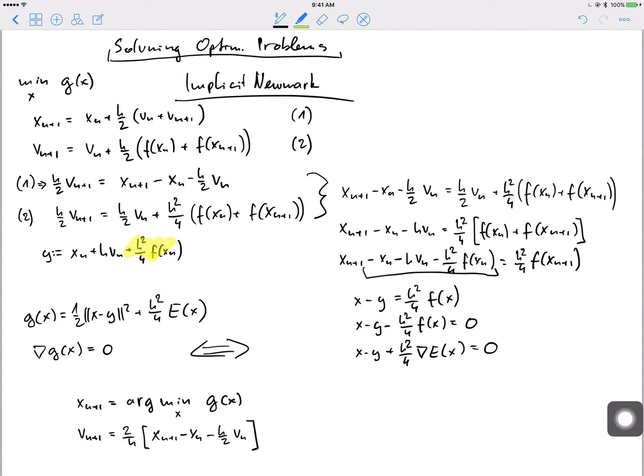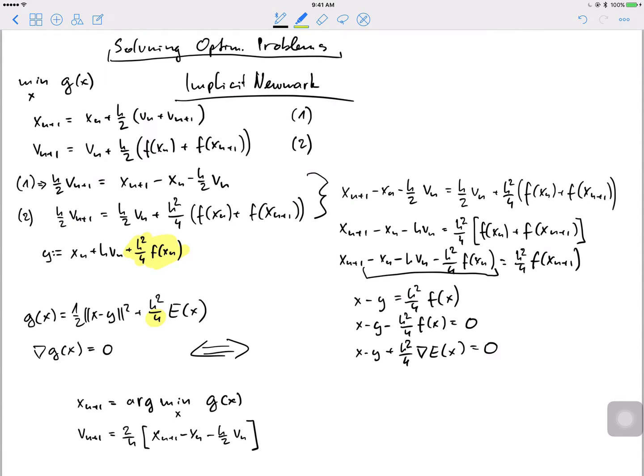Now we have this term that was not there in backward Euler. And the other one is this divide by 4. We also did not have that in backward Euler, okay? So that's how the integrators differ when converted to an optimization problem. And by the way, many other integrators you can also convert to an optimization problem, such as midpoint, and that's usually the best way to solve this.